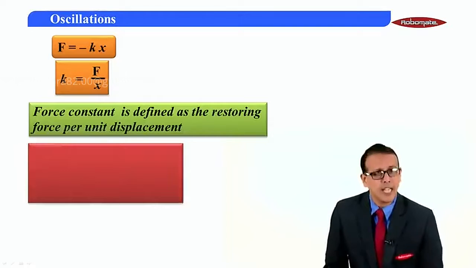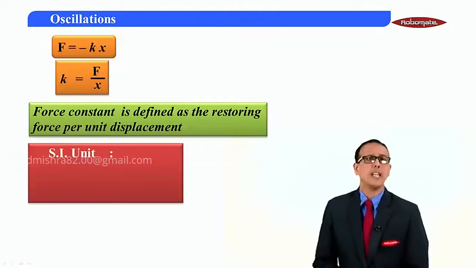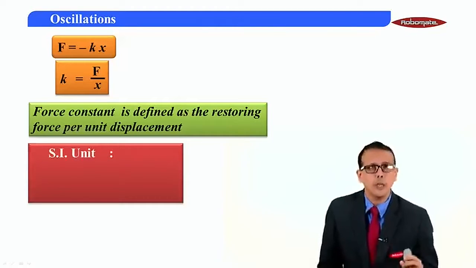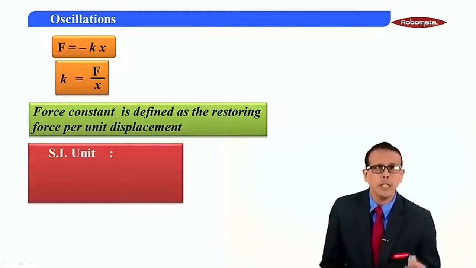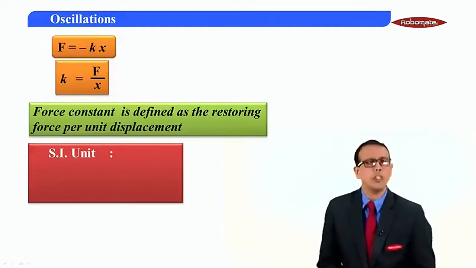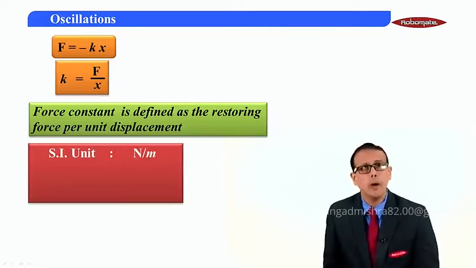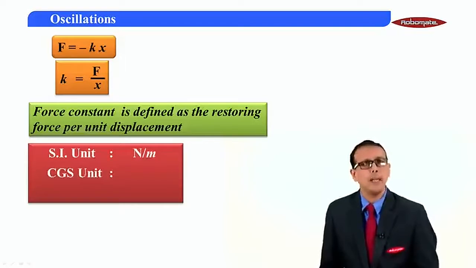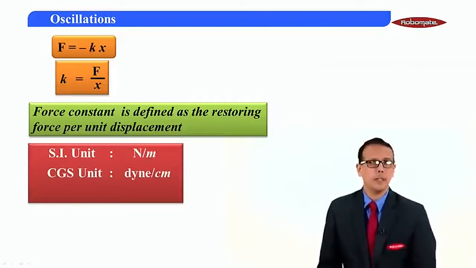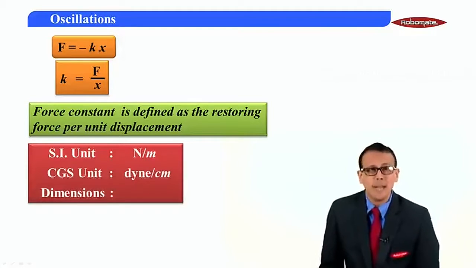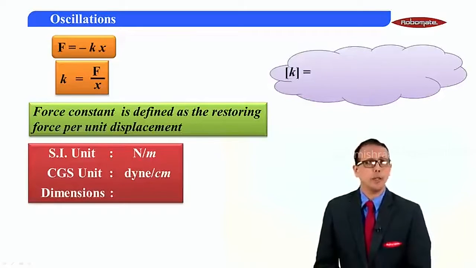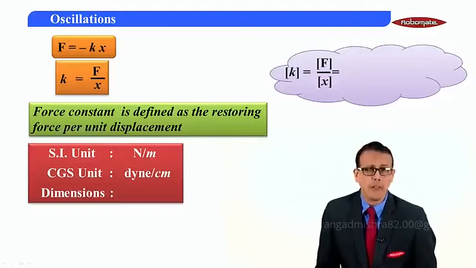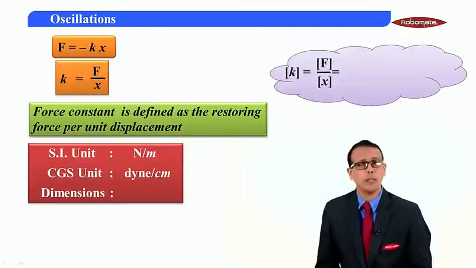Let's go for its SI unit. I can write the SI unit using the formula k is F by x. The unit of force is Newton, the displacement unit is meter, and hence the SI unit of force constant k is Newton per meter. The CGS unit will be dyne per centimeter. Let's write the dimensions of force constant. The dimensions of force constant will be the dimensions of force F upon the dimensions of displacement.